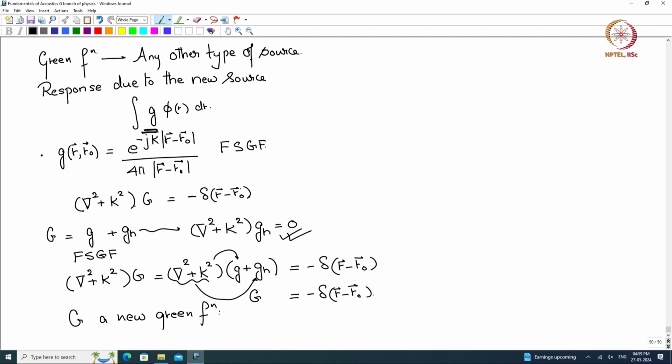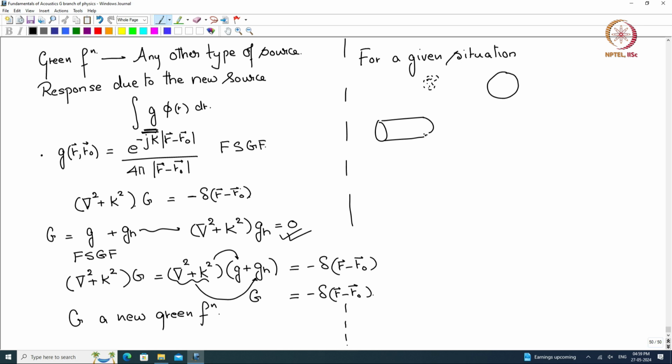Now for a given situation, let us say there are some sources here, there is some rigid sphere here, there is some rigid cylinder here in actual space, maybe there is a wall here.